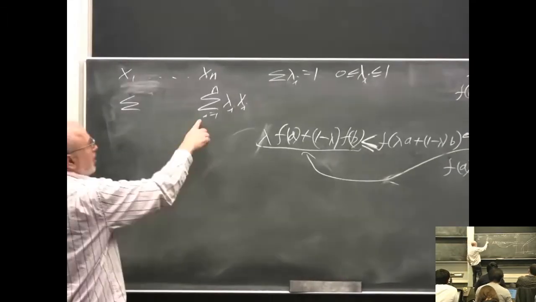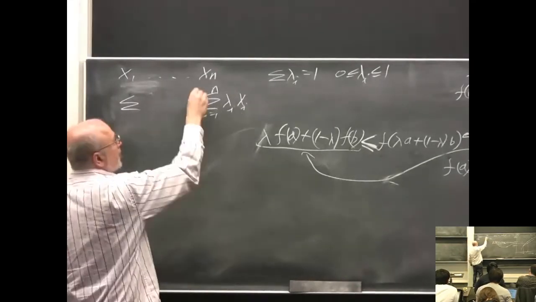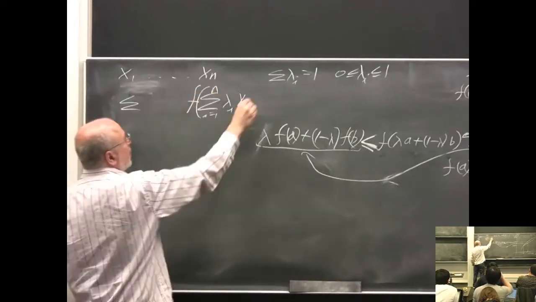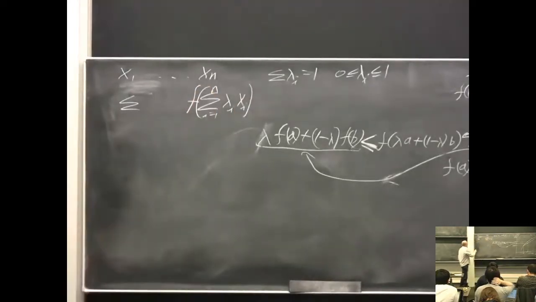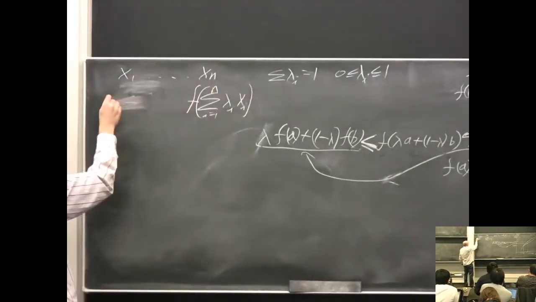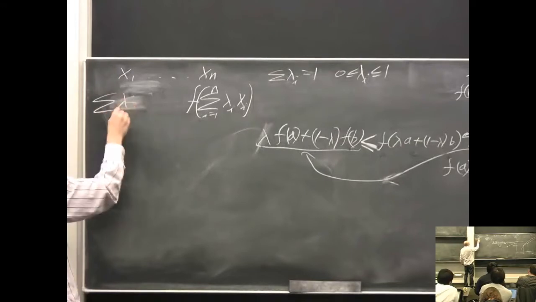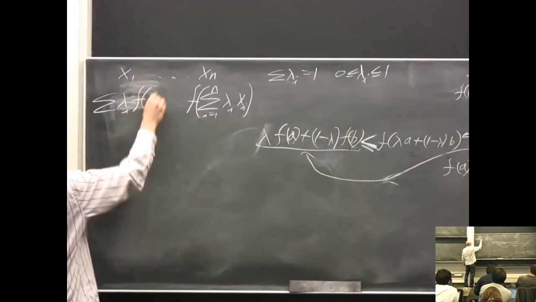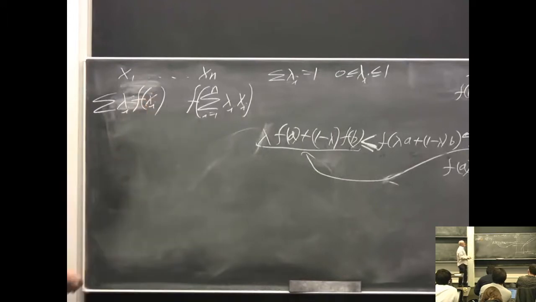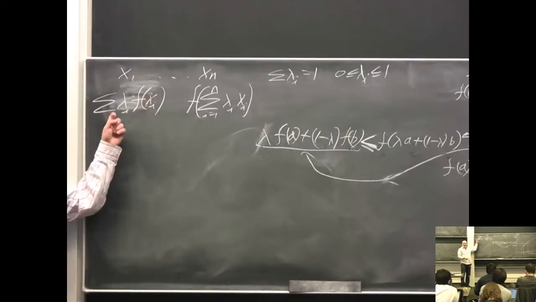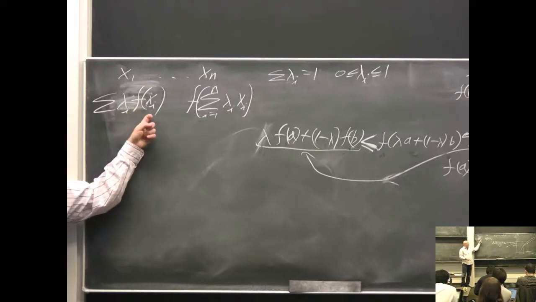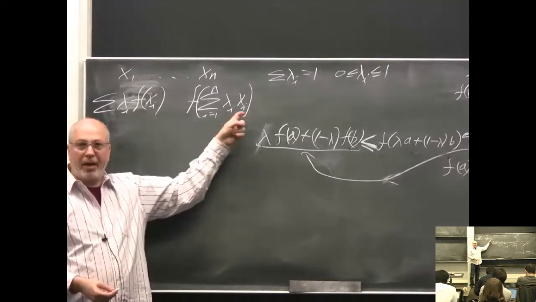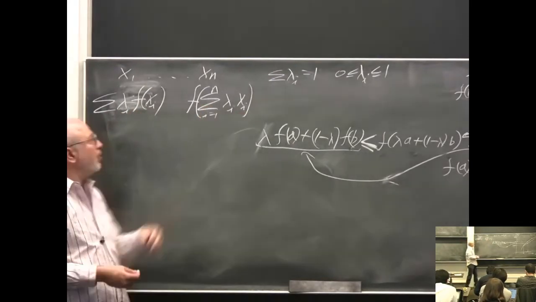I can take the linear combination of the xi's and feed it into the function, or I can linearly combine with the same weights the function values of the xi's. Here I'm linearly combining the function values. Here I'm linearly combining the x's and then applying the function.